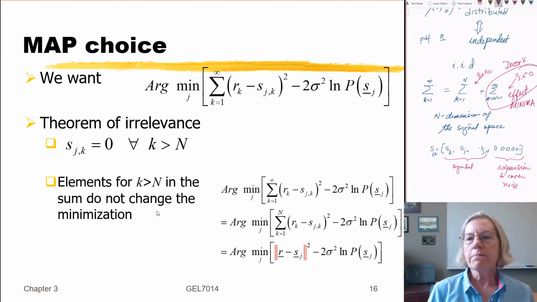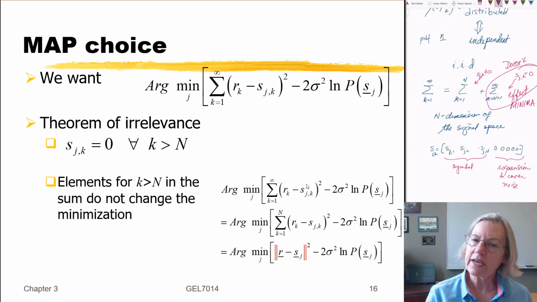So we call that the theorem of irrelevance. So here's the theorem of irrelevance. Because the elements are all zero for k greater than n, this part of the sum from n to infinity does not change this minimization, and therefore they're irrelevant, and we can throw them out of the minimization.